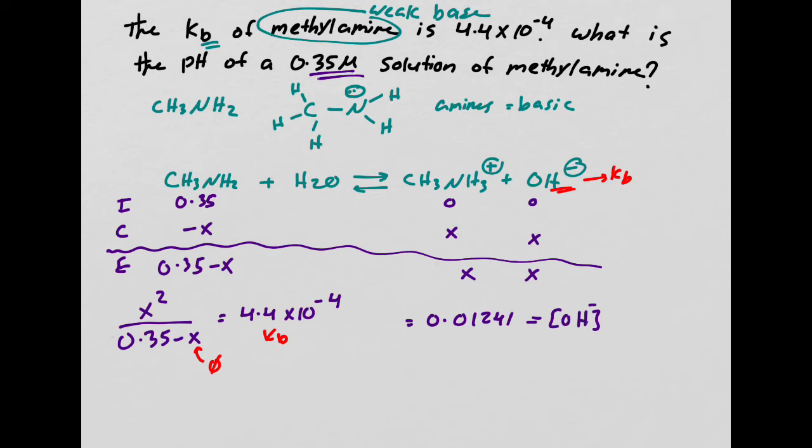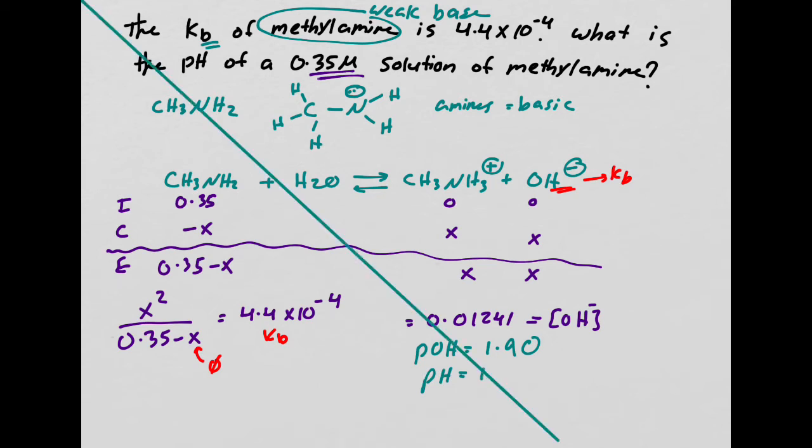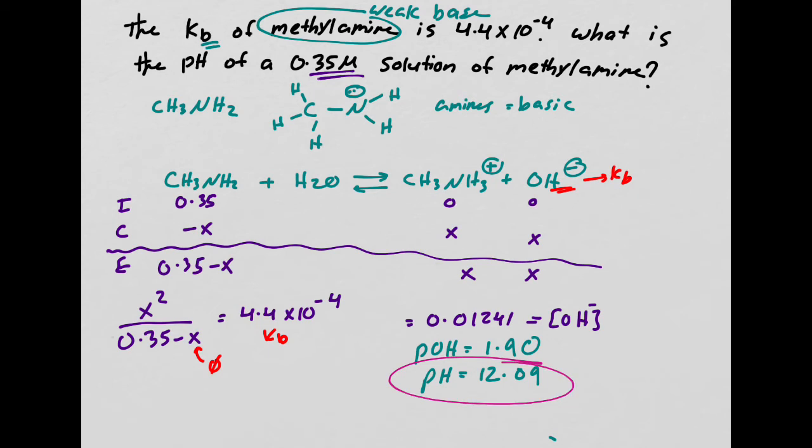The same as before, when I have the hydroxide concentration, it's much easier to figure out the pOH, because minus log of the OH concentration gives me pOH. So the pOH would be 1.90. But again, I'm going to subtract it from 14. And I get 12.09. That is going to be my pH.